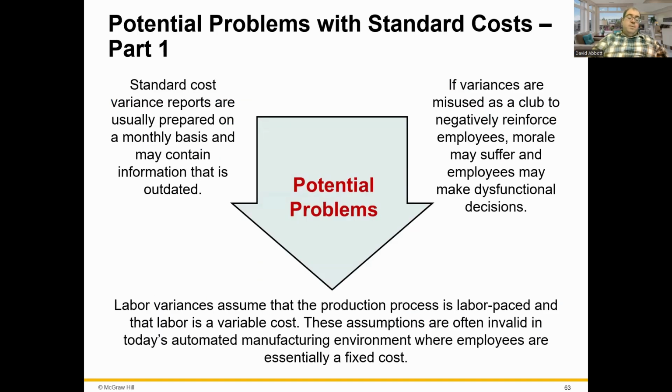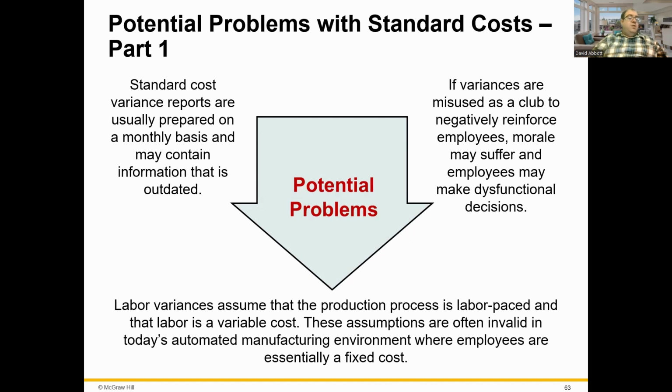But some potential problems with standard costs are that standard cost variance reports are usually prepared on a monthly basis. Hence, they may contain information that is outdated. If variances are misused as a club to negatively reinforce employees, morale may suffer and employees may make dysfunctional decisions.